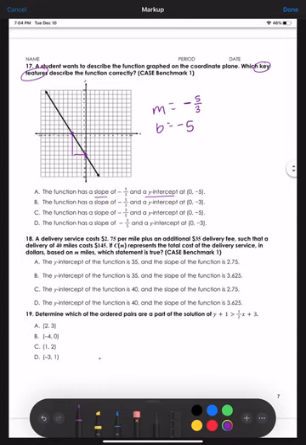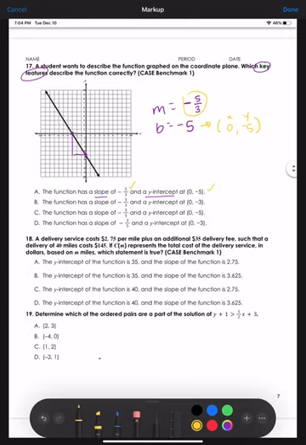So 5/3, and that can't be simplified. So yeah, let's see what matches. The function has a slope of -5/3, yes, and a y-intercept, oh, let's remember point form. So y-intercept is a y-coordinate, so we can write this as, if this is xy, it would be 0, -5. So, and a y-intercept at 0, -5, yes, that's true.